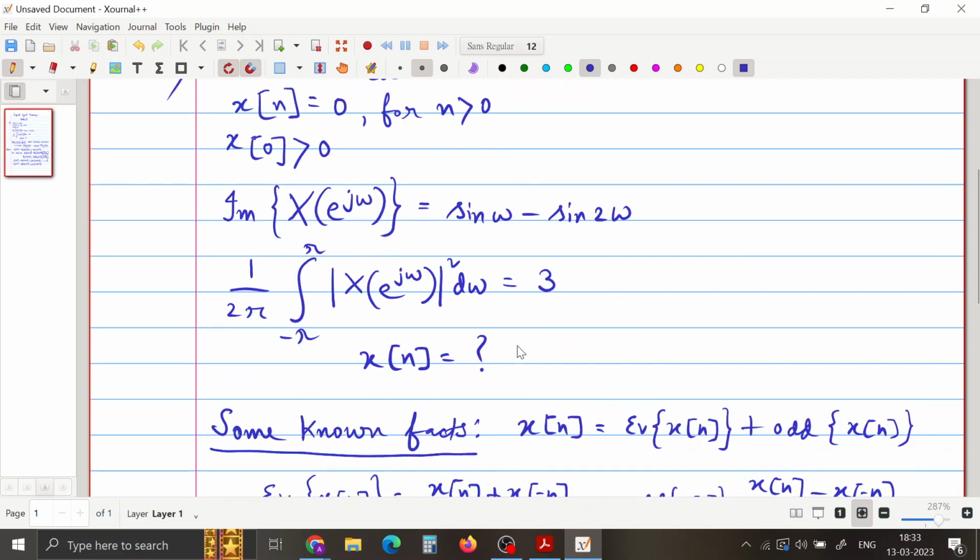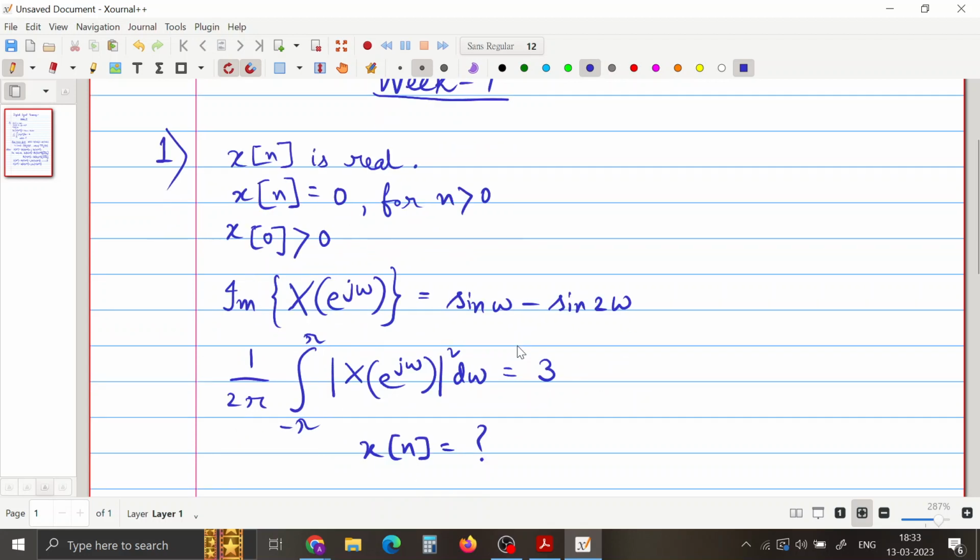So I've written down the given conditions here, and actually, when we were discussing the complex conjugation property of the Z transform in one of the lectures, we saw that whenever the time domain sequence x of n is real, then the real part of the Fourier transform, the real part of capital X of e power j omega, is an even function, and the imaginary part of the Fourier transform is an odd function.